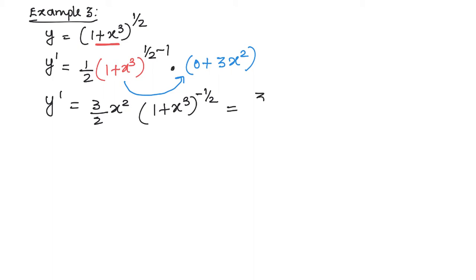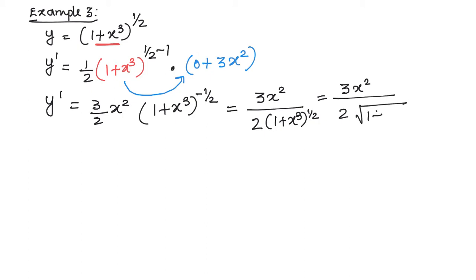We can write it with a positive exponent by moving this term to the denominator. That is the same as writing the square root of 1 plus x cubed. So this is the derivative.